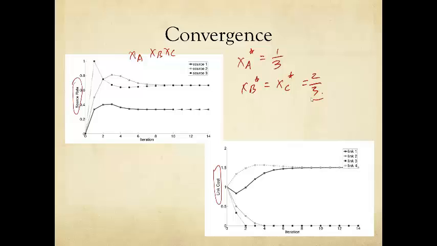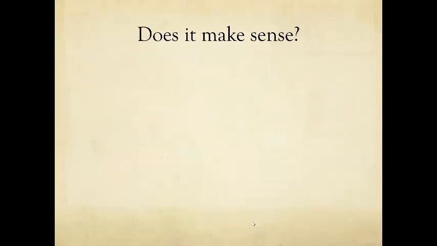The corresponding link costs at convergence are P1 star equals P4 star, which is 1.5, whereas P2 star equals P3 star, which is 0. As you can see, we actually get to 0 within 4 iterations. Just as a sanity check, does this make sense?